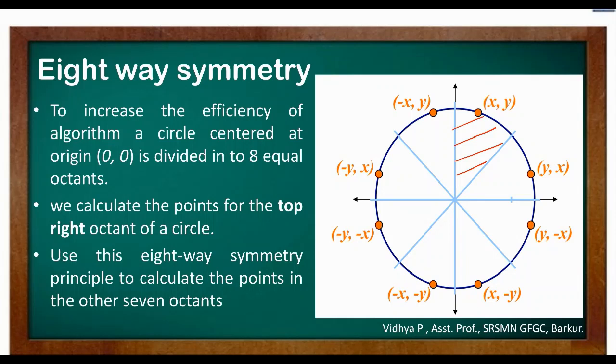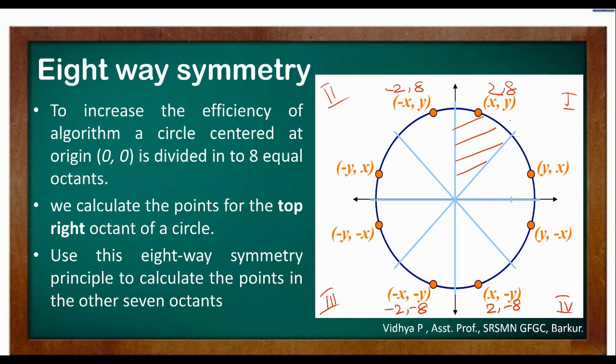For example, if you consider a point x, y as 2, 8, the same point, when it comes to the second quadrant, will become minus 2, 8. When it comes to the third quadrant, the value will become minus 2, minus 8. And when it comes to the fourth quadrant, the value will become 2, minus 8.